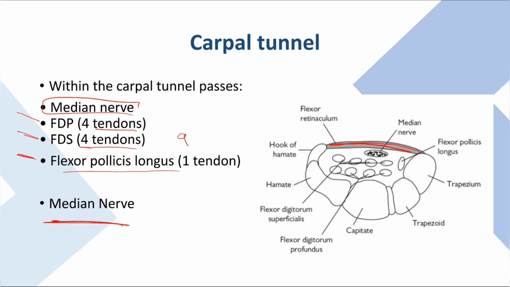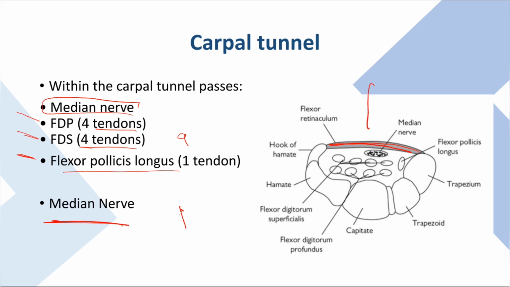We also have another test, called the Tinel test, in which the clinician sits the patient and presses down on the area of the wrist where the carpal tunnel is located.